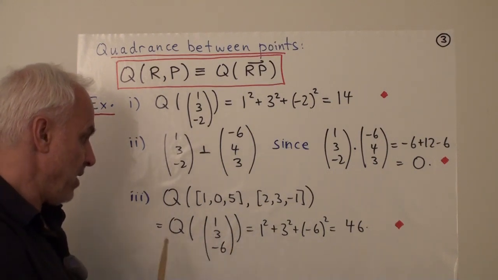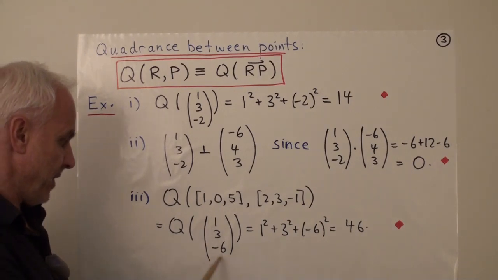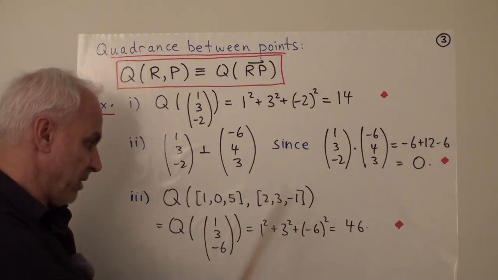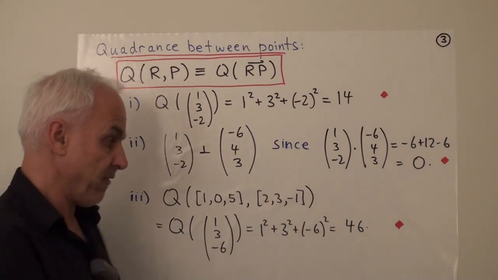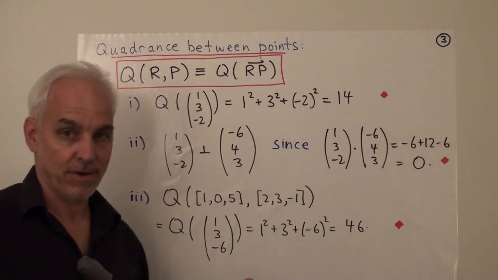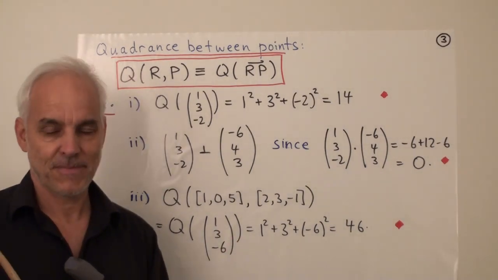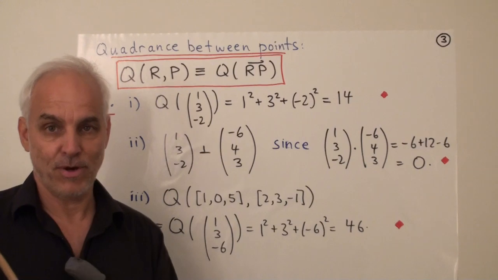So that'll be 1, 3, and minus 6. And the quadrants there is 1 squared plus 3 squared plus minus 6 squared, for a total of 46. So pretty straightforward generalization of what we're doing in 2 dimensions. No surprises at all up to this point.